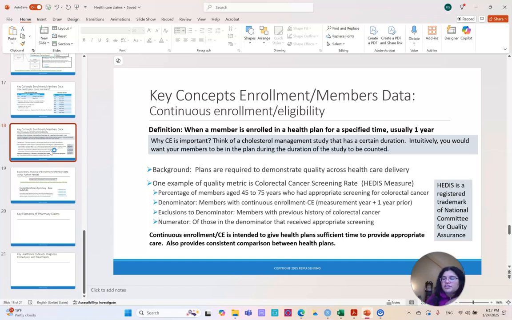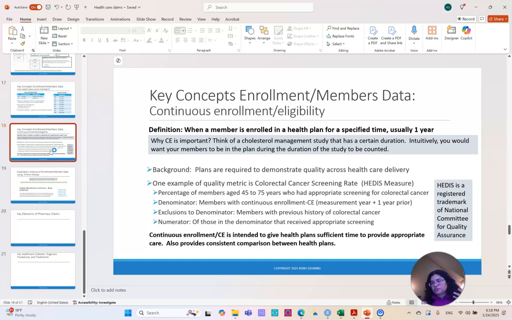So the continuous enrollment is also intended to give health plans sufficient time to provide appropriate care. In this case, for the colorectal cancer screening rate, we are saying that the person needs to have continuous enrollment, with an allowable gap, for the measurement year and the year prior.